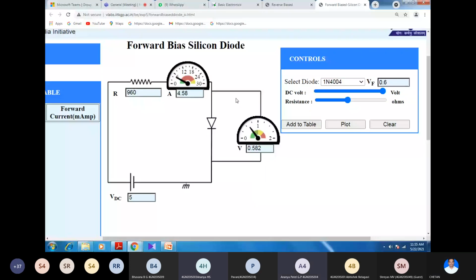So let us see how the diode behaves in forward biased condition. You can see the diode here. This is your PN junction diode, and this is an ammeter, which is connected in series with a resistor, right? And we have a voltmeter which is connected across this diode.